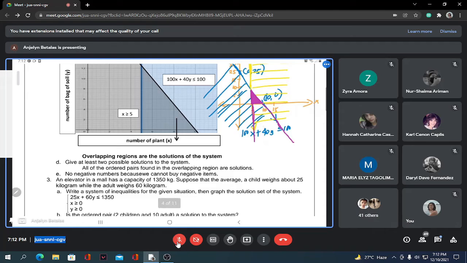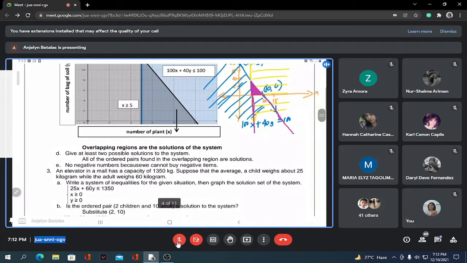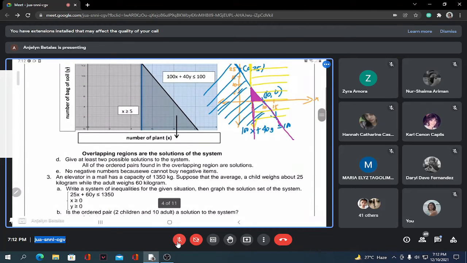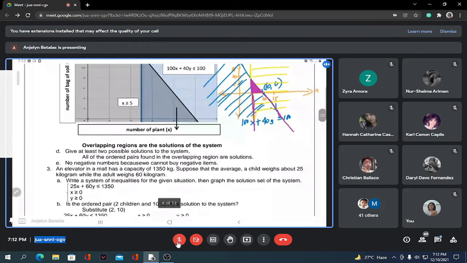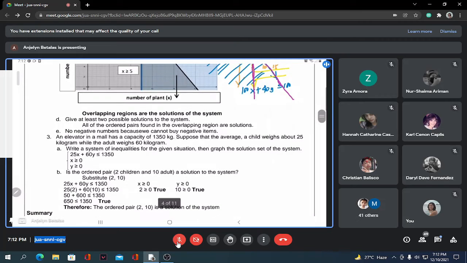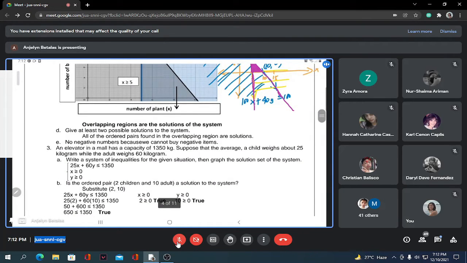However, no negative numbers, because we cannot buy negative items. Okay? Question? Now you understand how to interpret these problems. Do you understand, class? Yes, ma'am. Very good.